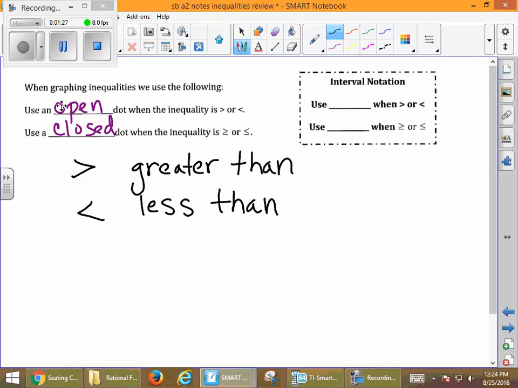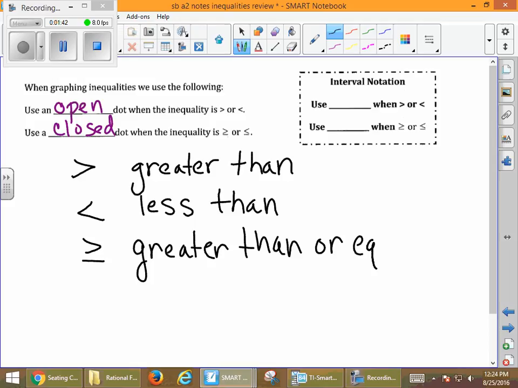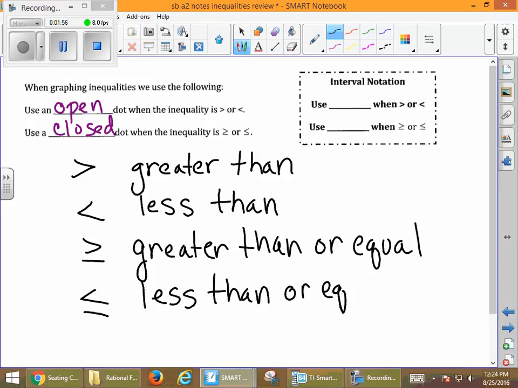What I like to say is that less than points to the left, and this symbol therefore is greater than or equal to. That line underneath is equal to. And pointing to the left again is the less than or equal to. Just in case you need that. Some people do.